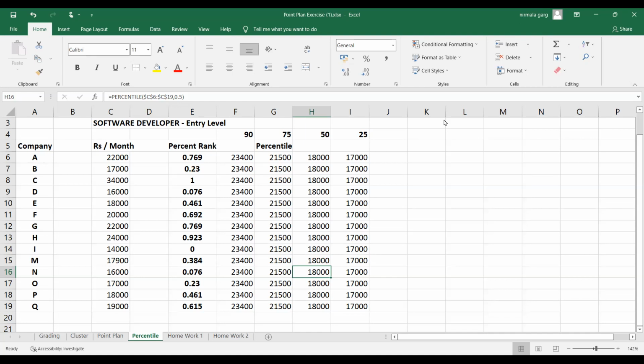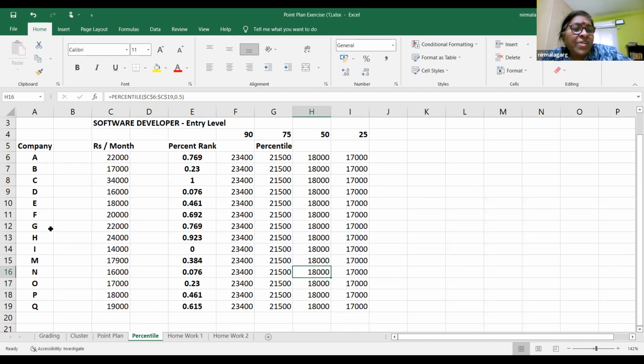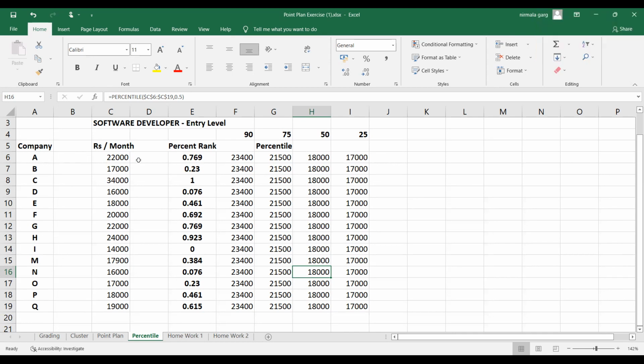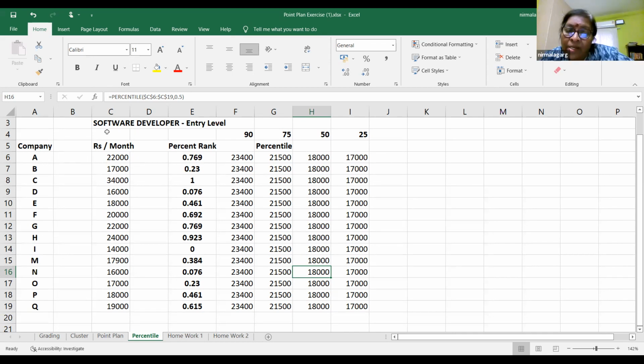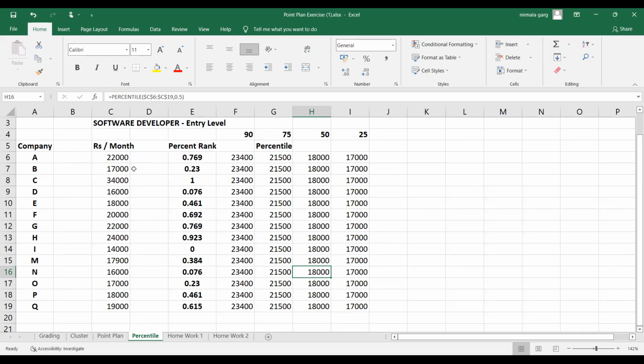We'll check the market salary of the position. Okay, so I will just go by what you all are saying. I've checked the market. I've taken companies A, B, C, D, F, G, H, I, J, K till Q, similar companies that hire software developers, and I've collected market data per month, just the way you all have done.